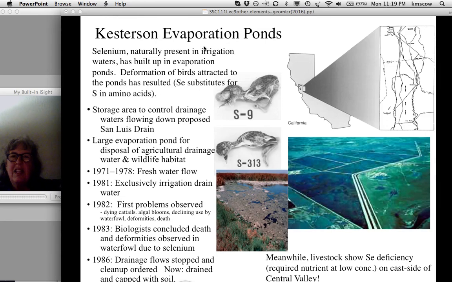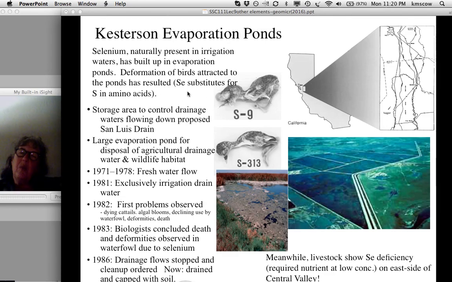And this irrigation water is naturally high in selenium that comes from the coastal ranges. Because there was irrigation and a lot of water moving over these systems, a lot of selenium got essentially mobilized from the natural deposits it was hanging out in and moved into irrigation water.